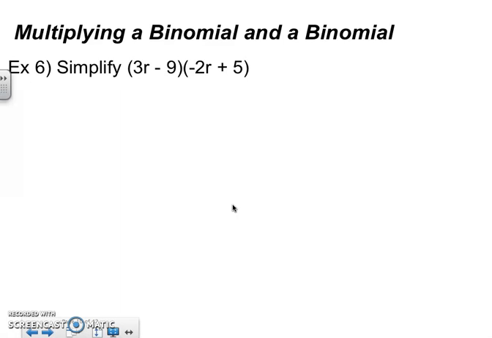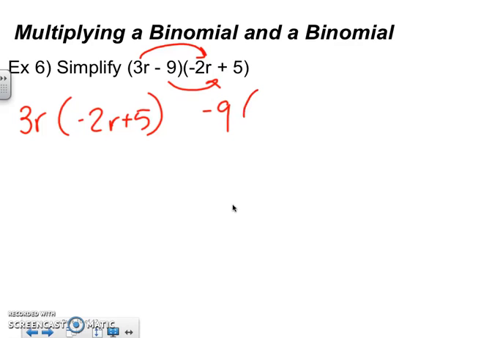So again, the first thing is to rewrite the problem. First term times everything on the right. So 3r times everything on the right. Okay? Next term is a negative 9 times everything on the right. Okay?